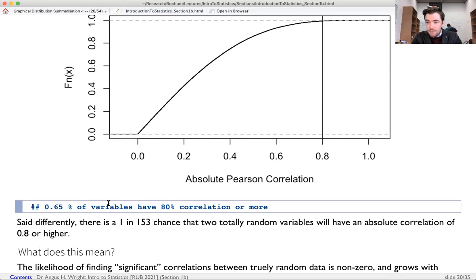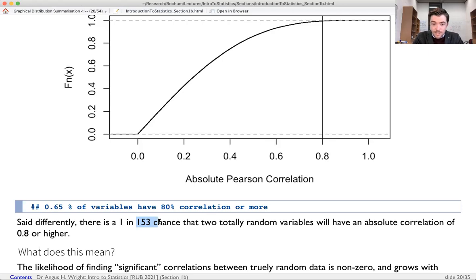That is to say that if I was to measure 150 variables of 10 observations, then I'm very likely to find a 90% correlation between two of those perfectly random variables. This is problematic, even in the case of perfectly random data.